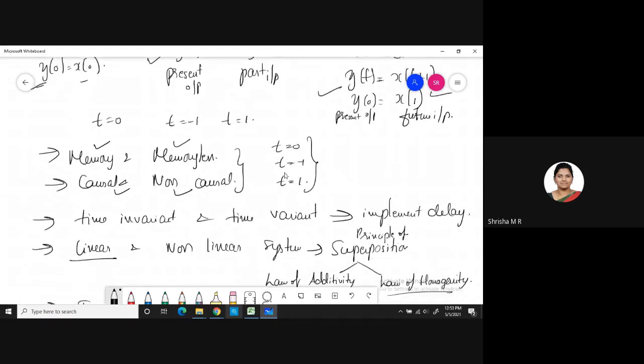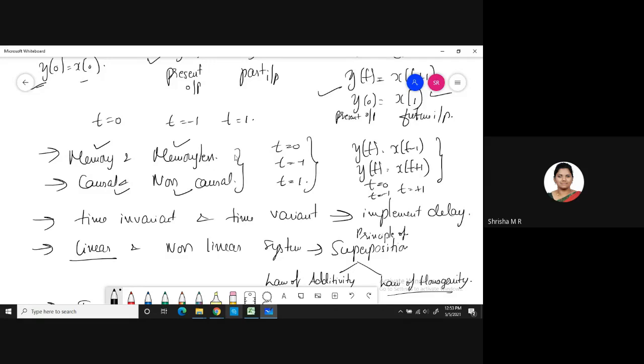For systems with memory, if your output is depending on past or future values, that would be memory based systems. That is, if y of t is equal to x of t minus 1, or if y of t is equal to x of t plus 1, you have to put t is equal to 0, t is equal to minus 1, t is equal to plus 1 and check if it's memory based or memoryless.